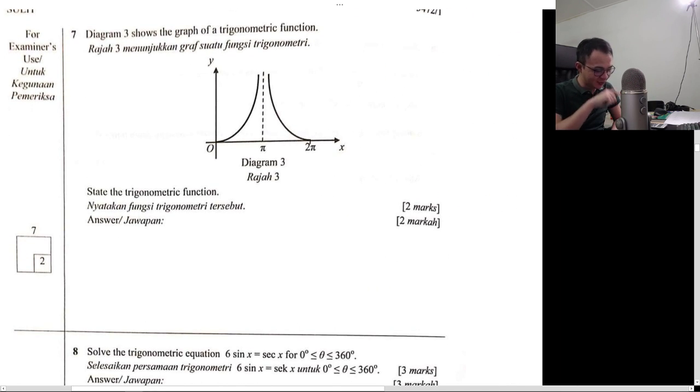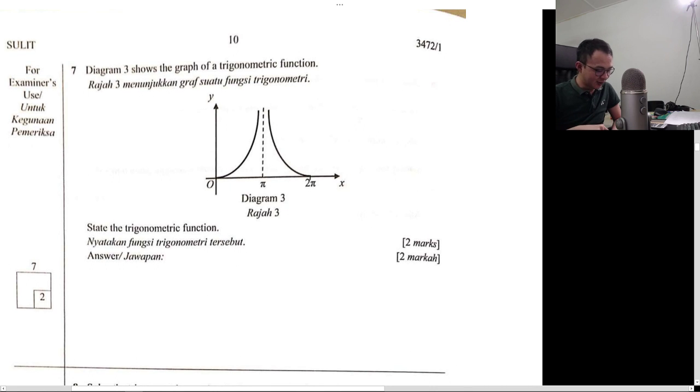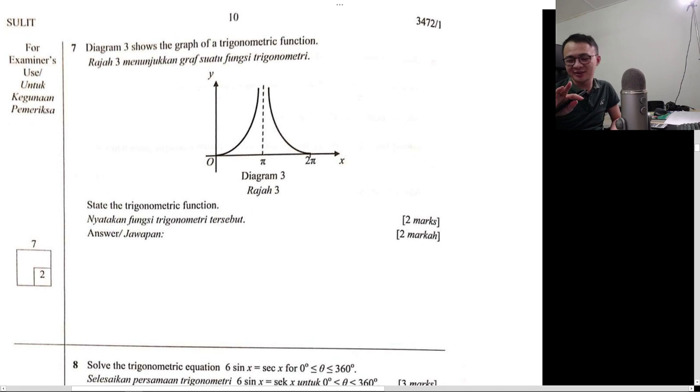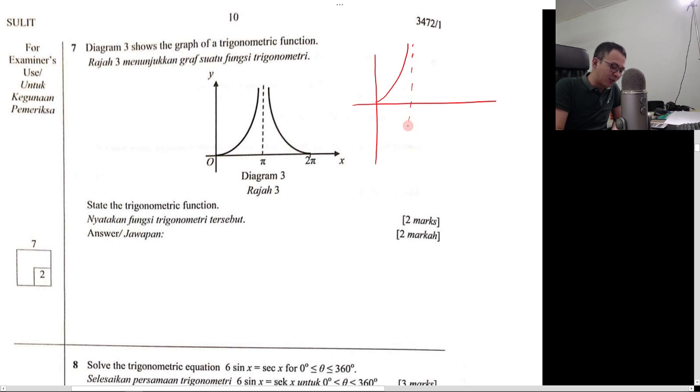Alright, for this one, my answer is different from the marking scheme. I guess the marking scheme has a typing error. What happened is, for tangent, the normal tangent x will look like this. Stop at pi.